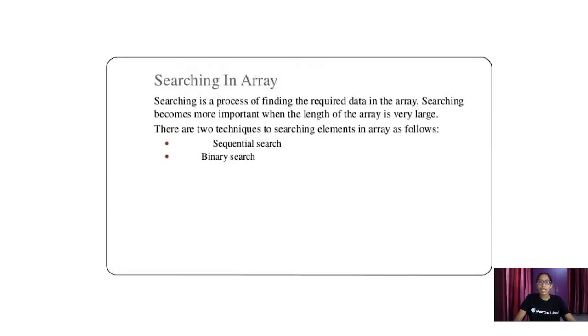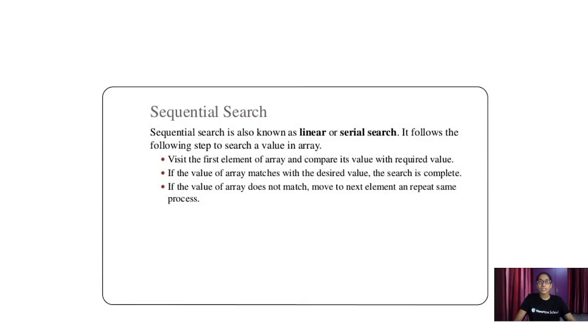Now searching in an array. Searching is the process of finding the required data in an array. Searching becomes more important when the length of the array is large. Two techniques are used for searching in an array: sequential and binary search. Sequential is also known as linear or serial search.